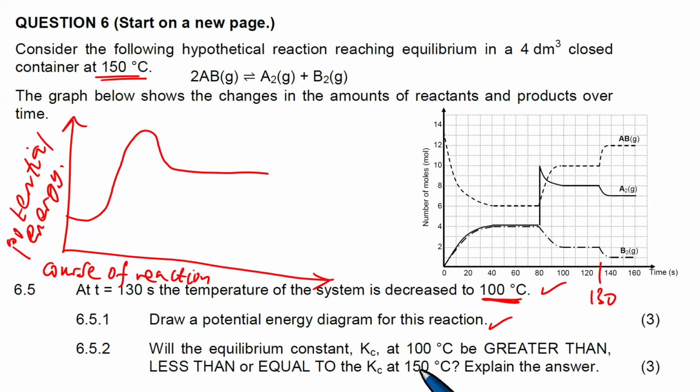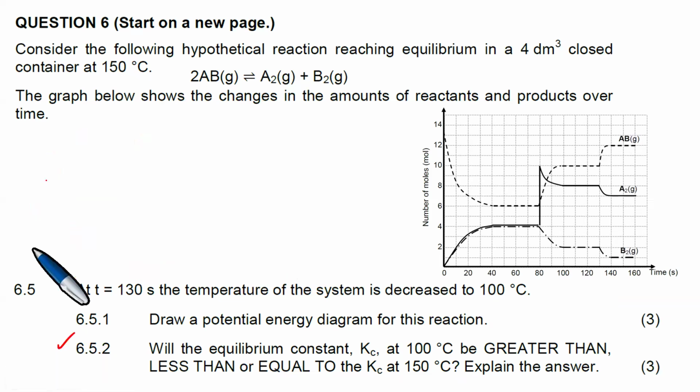Right, so let us look at 6.5.2. If you look at 6.5.2, we note that now we're looking at the Kc.